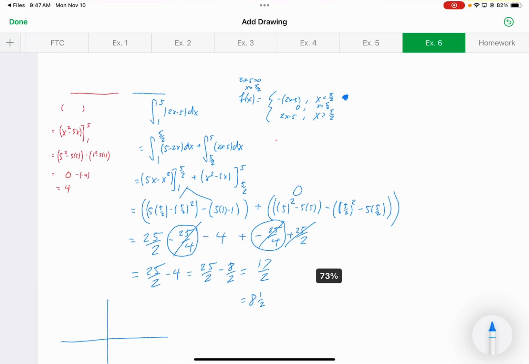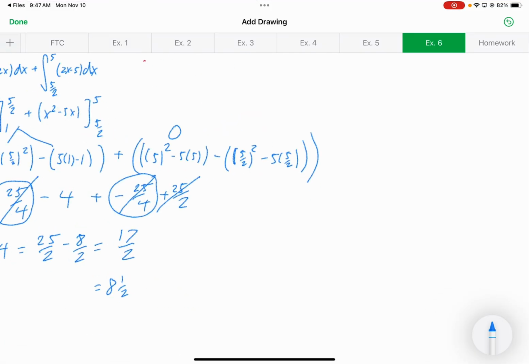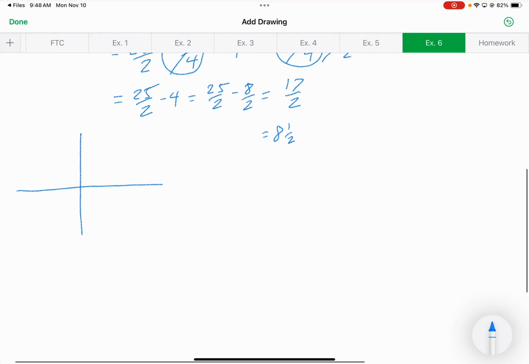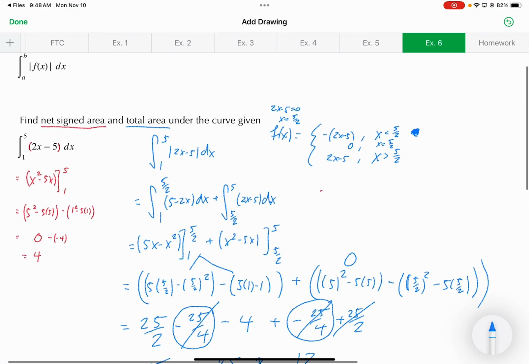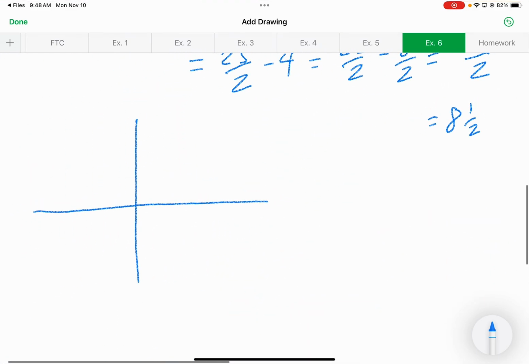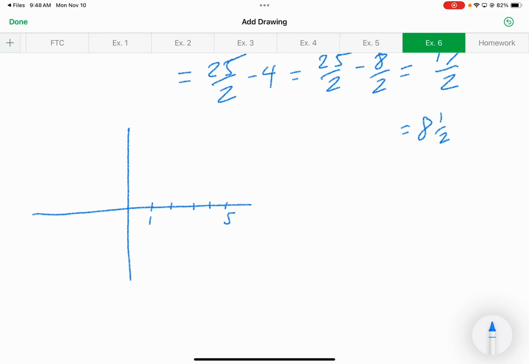All right, so our function was what again? 2x minus 5? All right, so 2x minus 5, and we were working from 1 to 5. Okay, and then if I plug 1 into 2x minus 5, that would give me negative 4.